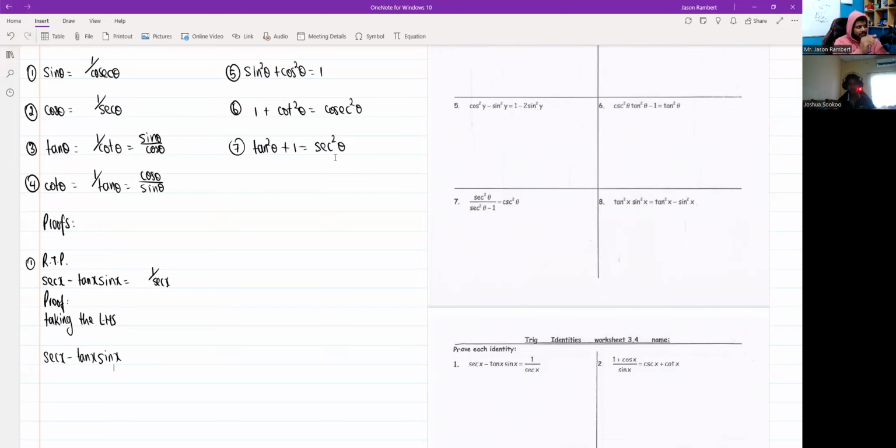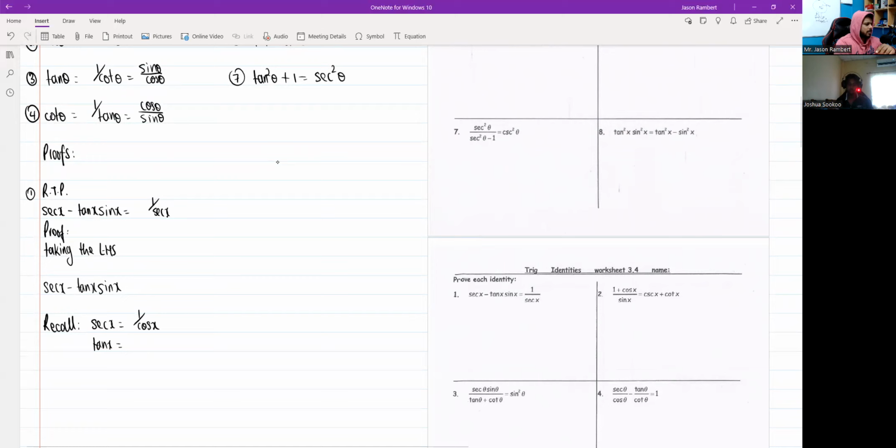So I want to see if I could make this fella here look like cosine x, probably. So I'm going to make a couple recollections. I'll recall what I remember pertaining to the question. If cosine x is 1 over sec, then sec x is 1 over cos. And I can say, tan x is equal to sine x on cos x.